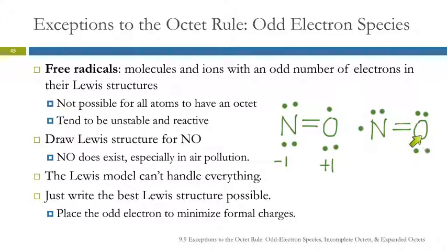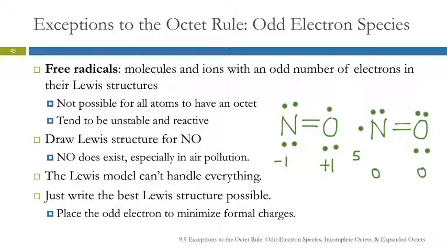So here, what's the formal charge on that oxygen? 0. We can tell just by looking at it. It's got an octet and it's got 2 bonds. That's what oxygen likes. How about this nitrogen? 0. How's that work?